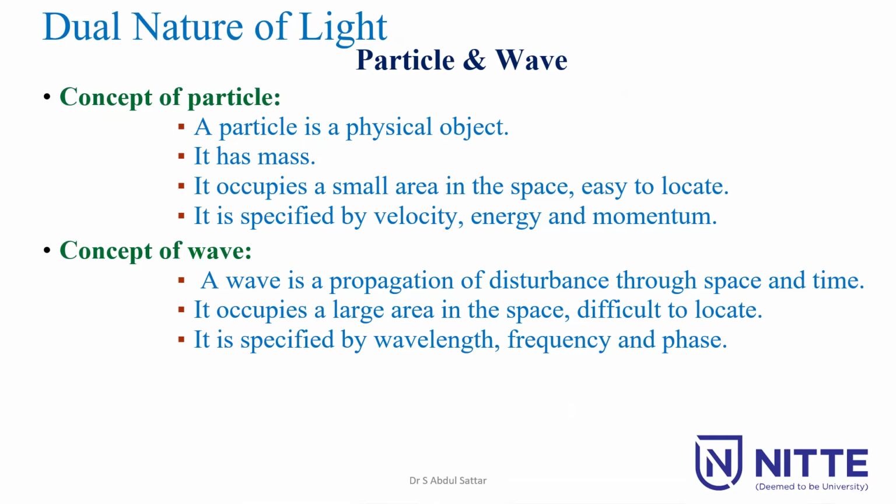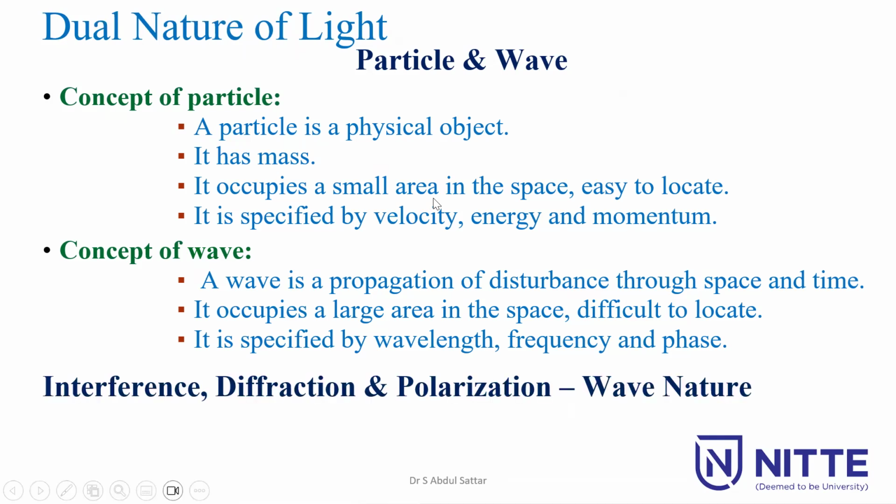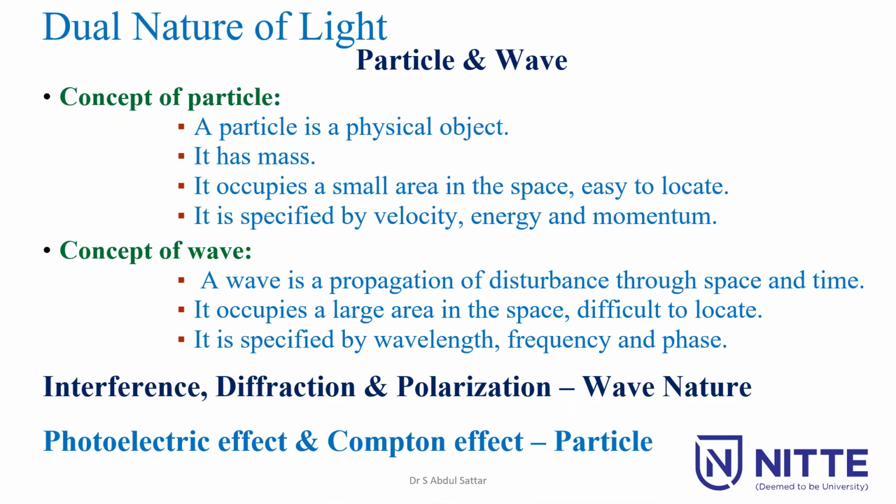Why? Because if you observe the phenomena exhibited by light, for example, interference, diffraction, polarization, all these phenomena are successfully explained only by the wave nature. But the photoelectric effect and Compton effect, which are also exhibited by the light beam, are successfully explained only by the particle nature.